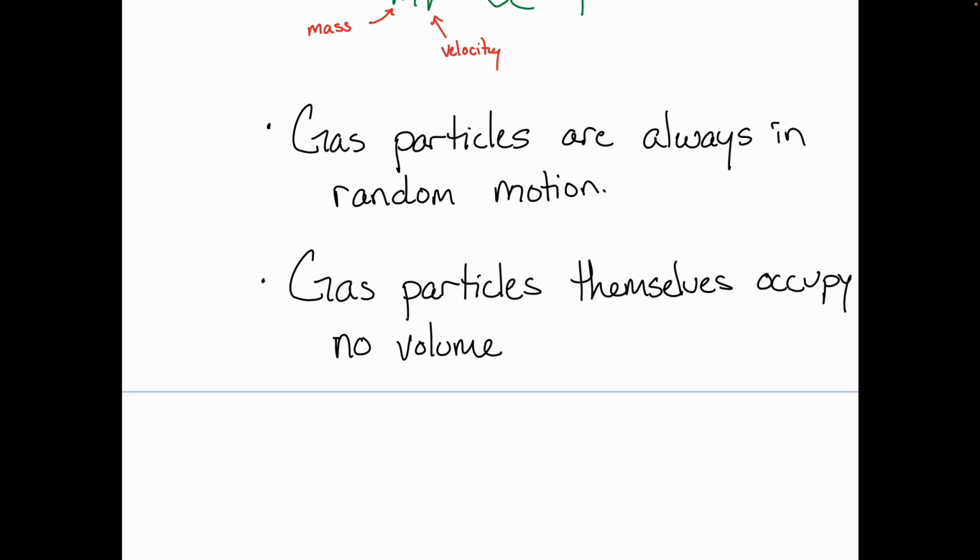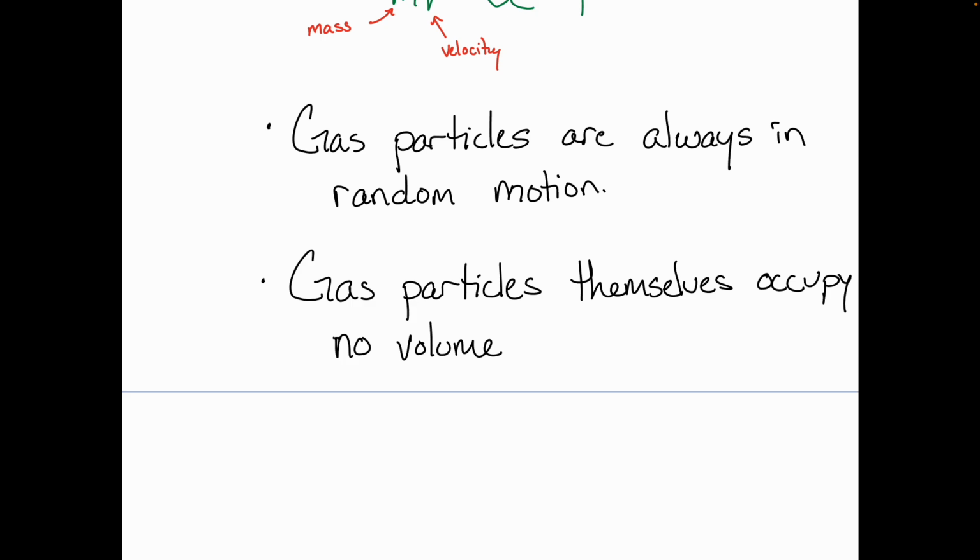What this assumption is saying is, if we take a sample of argon gas, that argon atom itself isn't occupying any space. And that's not exactly true, right? Those protons, those electrons, they do occupy space. We talked about the radius of these things. Going down, they even occupy more space. So this is an assumption that this theory makes, and it simplifies the math a ridiculous amount, but it is a bit of a lie.